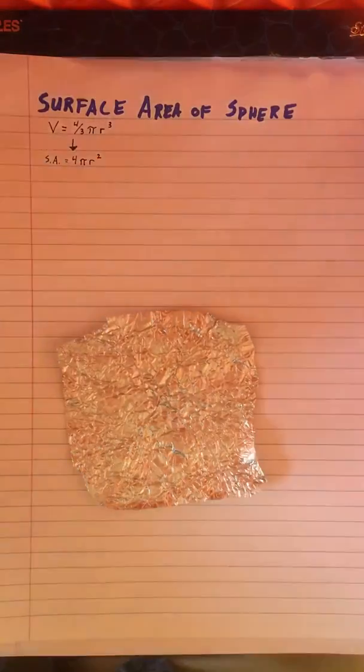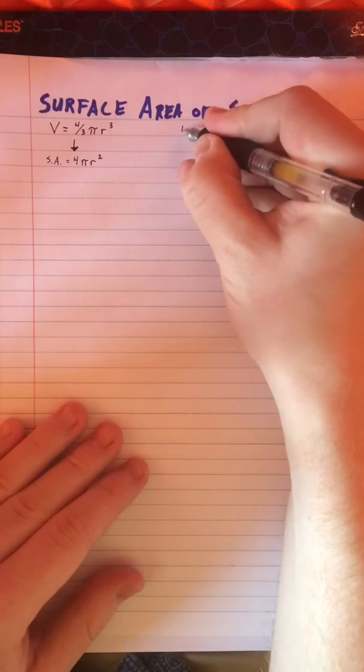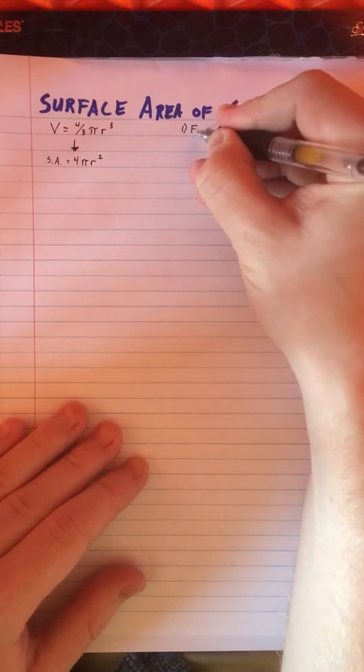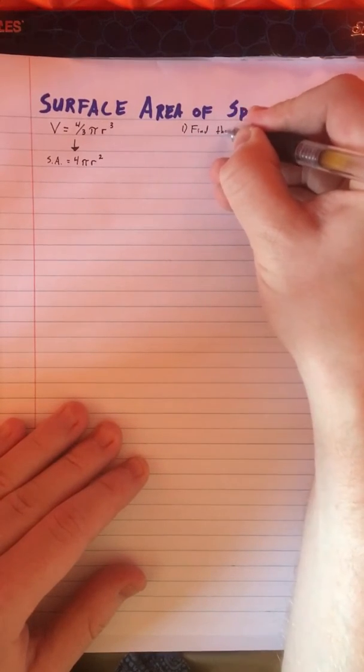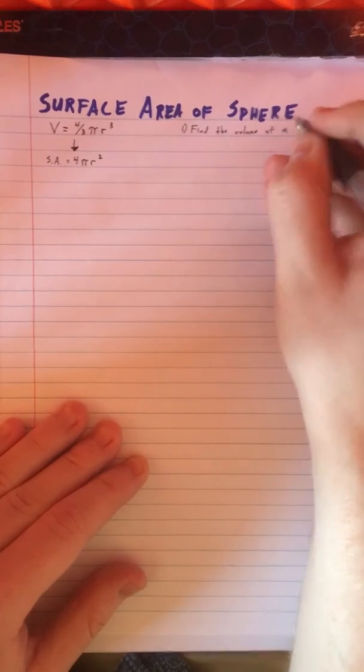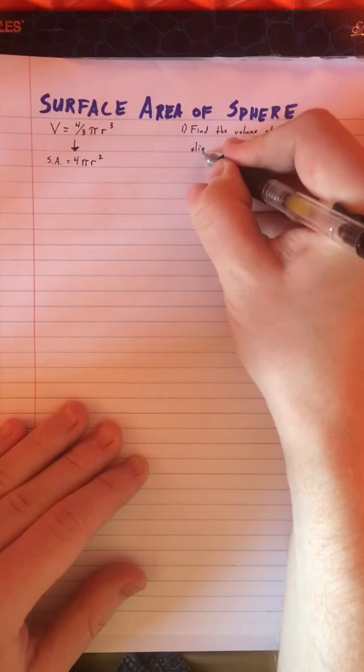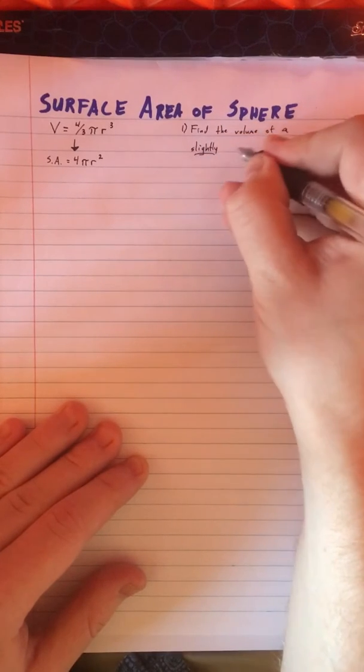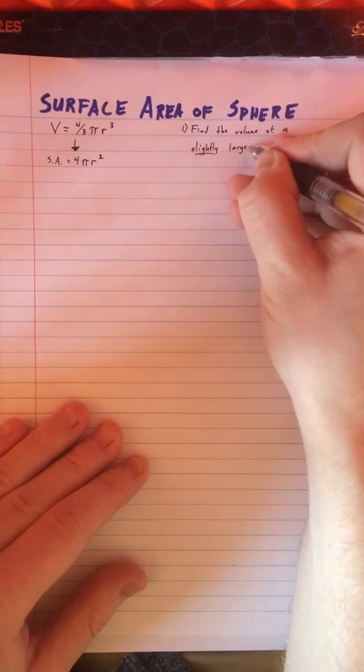So our overall game plan is going to be as follows. First, we're going to find the volume of a slightly, ever so slightly, larger sphere.